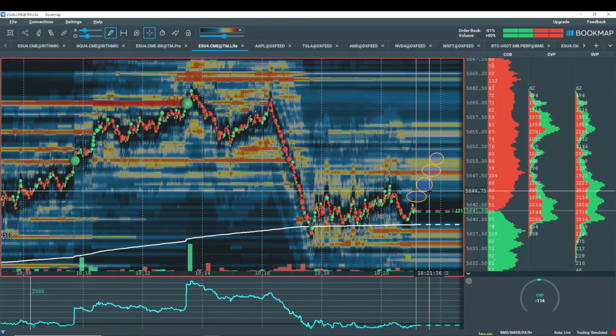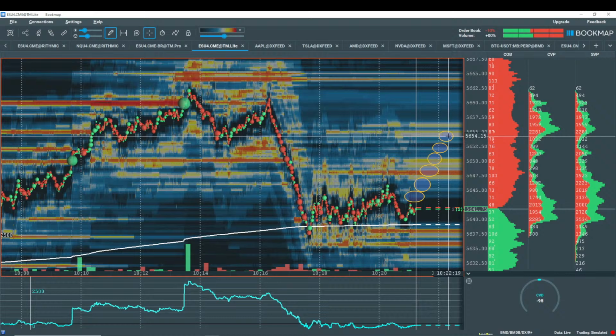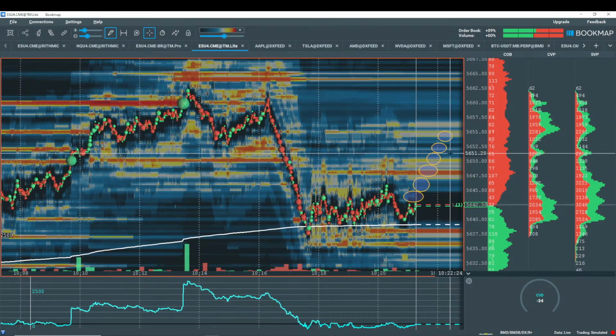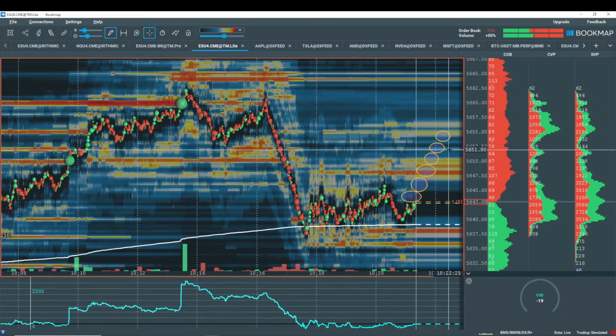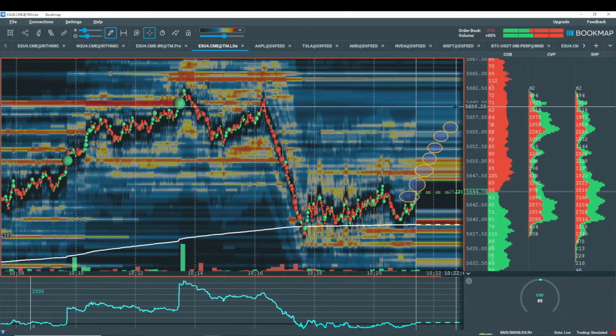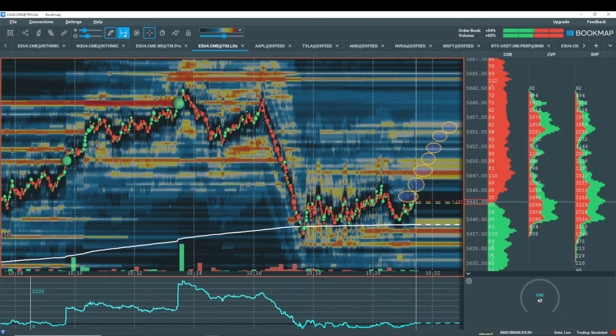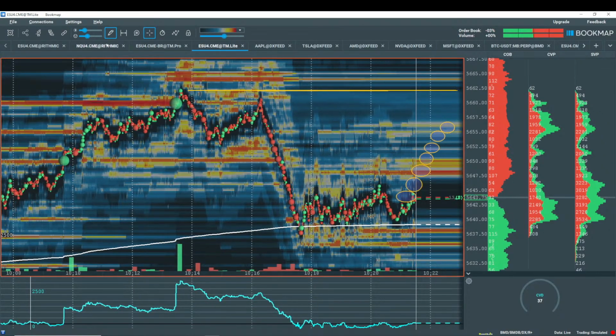Not maybe quite this big, but pretty big green dots, and it was so strong that there's no one willing to take some profit or sell, and we didn't get a pullback at all, and it just kept going until it reached other levels, and I think it rallied the rest of the day.